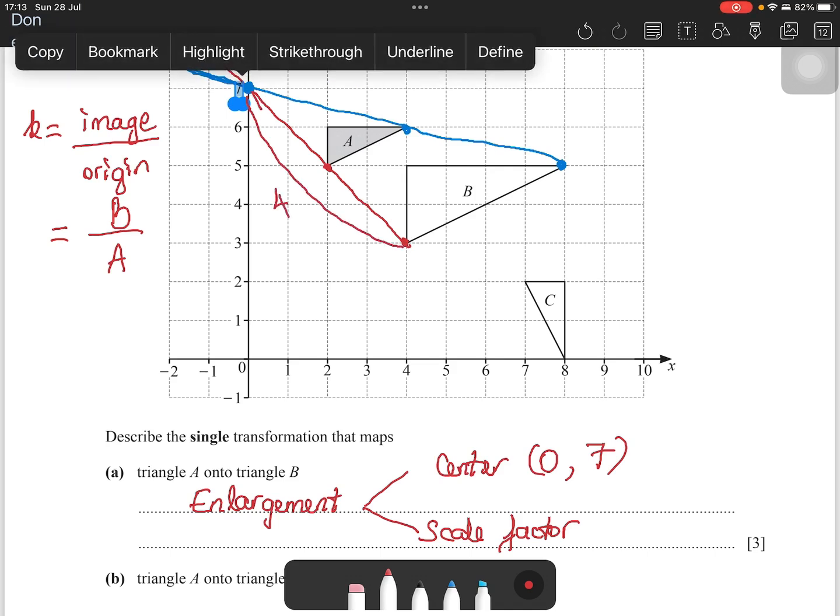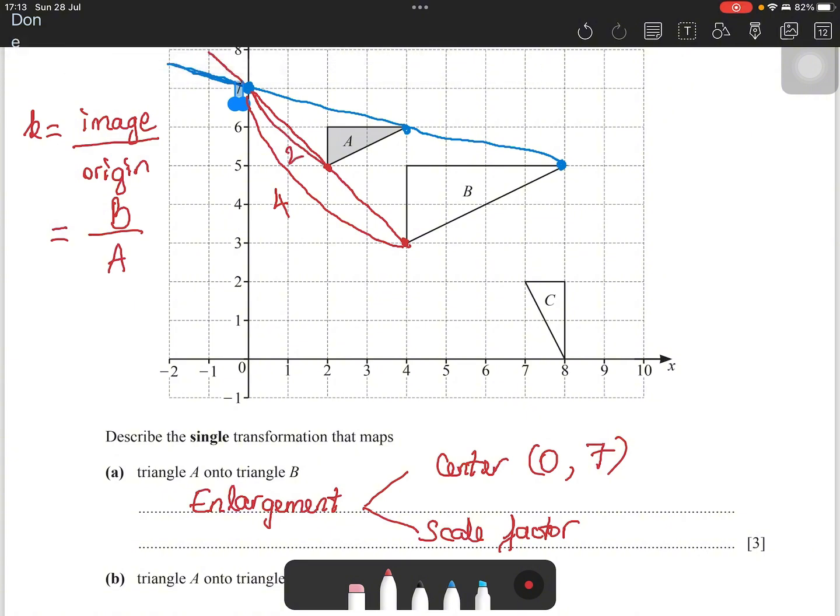And then the distance from the center to the object is 2 units. So it is equal to 4 over 2, which is 2. So the scale factor is 2. And if you want to check again, you can also use these two vertices. The distance from the center to this vertex is 8 units. And then the distance from the center to this vertex is 4 units. So you can also say it is equal to 8 over 4, which equals 2.